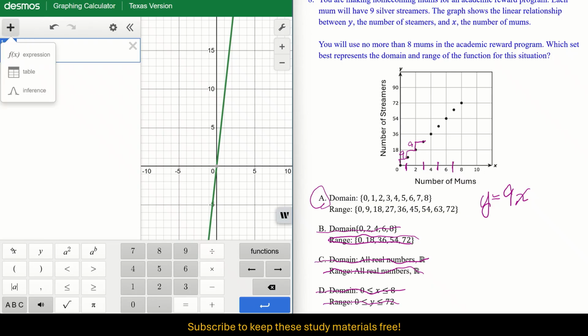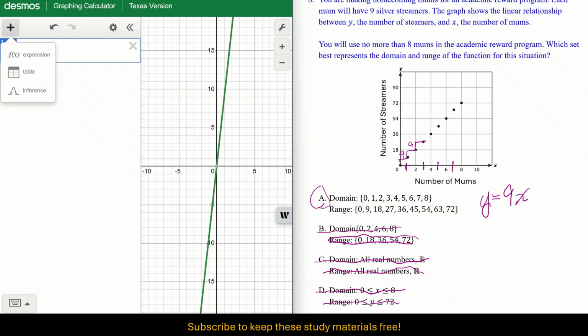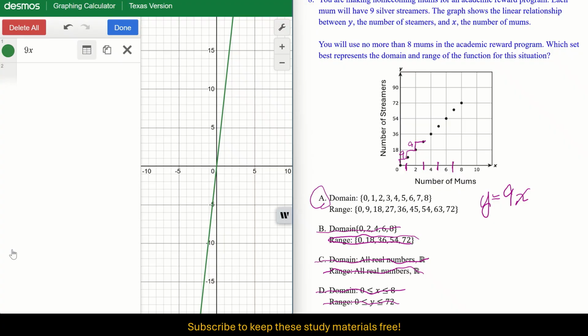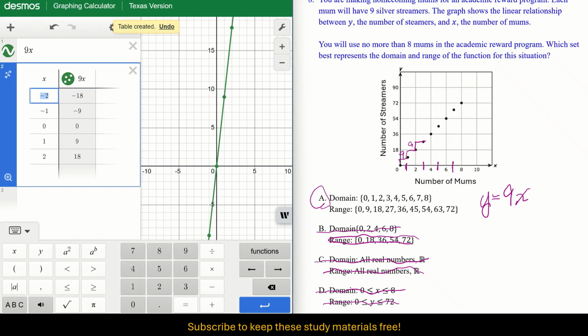You could just put in the table yourself, but I think that's a waste of time in this particular situation because they've given us a table. So let me go back. I'm going to say done. See the little gear? It says edit list. That's what you push. Now you have the table and it'll automatically create a table for you.